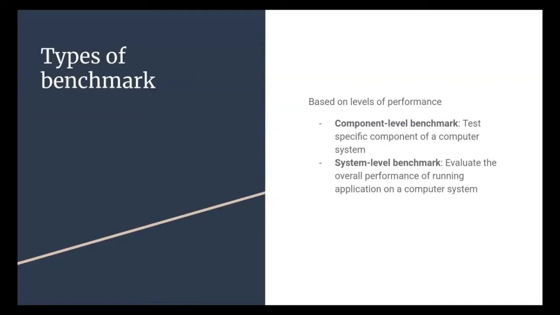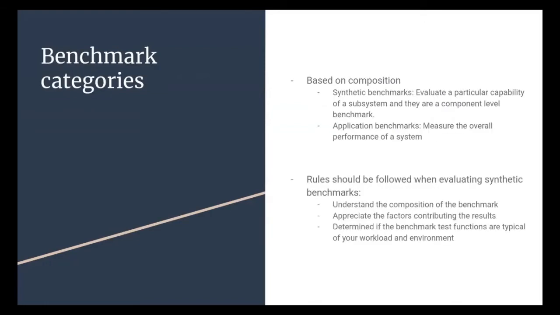And now I'm going to talk about different types of benchmarks based on level of performance: component level and system level benchmarks. Component level tests a specific component which we have used, and system level benchmark evaluates the overall performance of a running application. This can be divided into two categories based on composition.